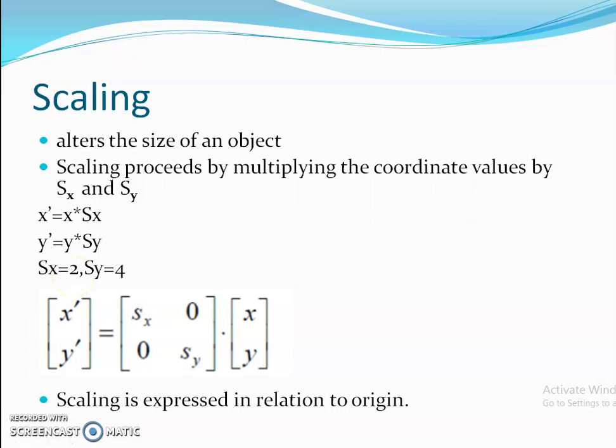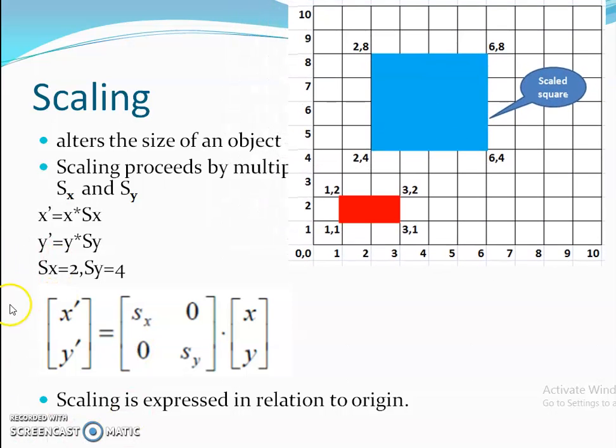When we represent this in matrix form, the new position x dash and y dash can be represented using a two-dimensional matrix sx 0 0 sy multiplied by x comma y.